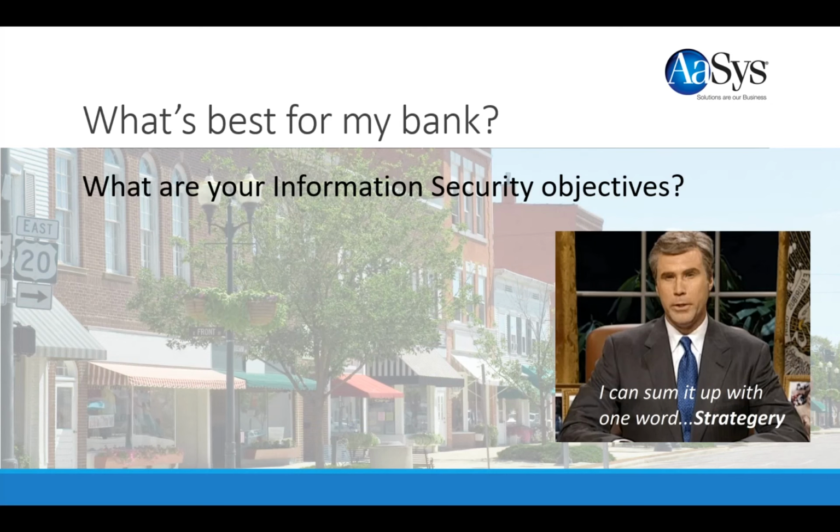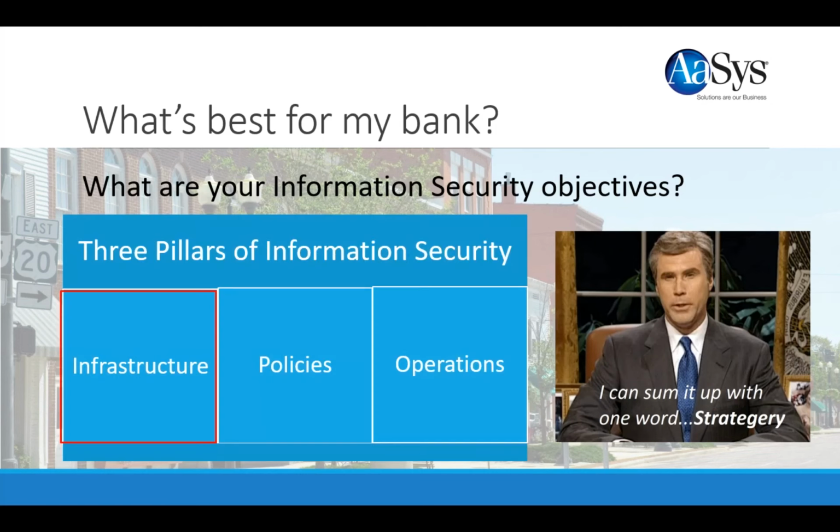But in all seriousness, it's okay to have an information strategy and objectives that don't wait until the FFIEC says you must achieve a certain goal. And there is one more consideration I want to leave you with. A good information security program encompasses policies and operations, as well as the technical infrastructure. So it's not uncommon for organizations to enhance their information security infrastructure, but forget to communicate their information security policies or update their business continuity plan for it.